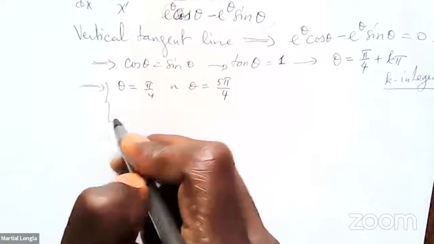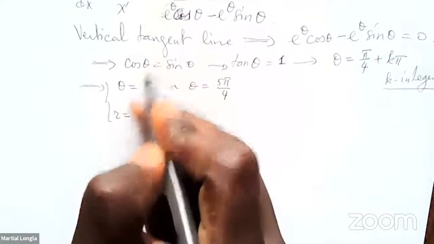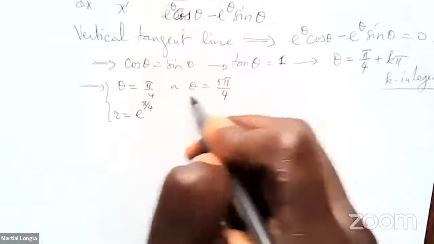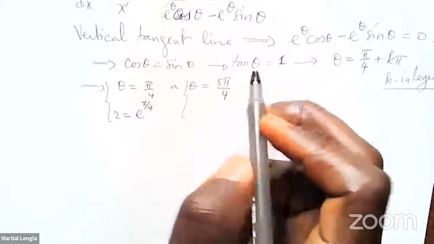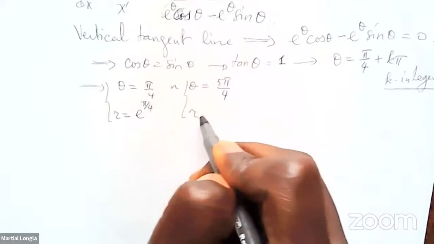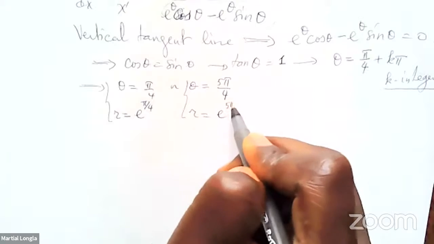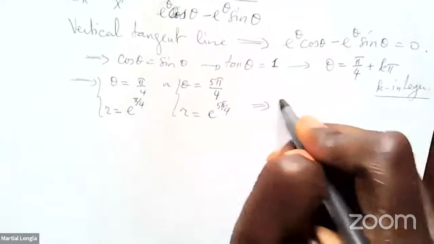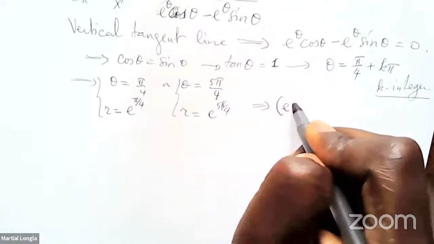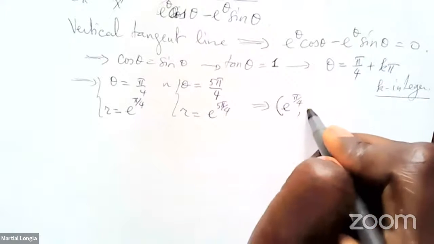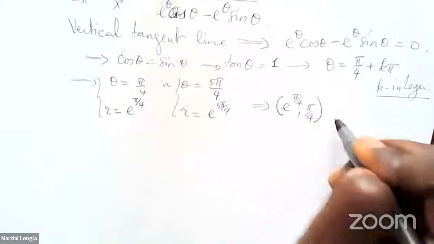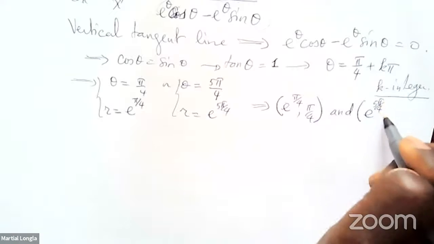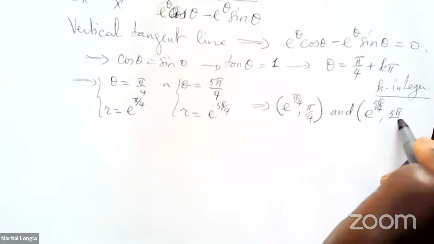When theta is pi over 4, r is e to the pi over 4. And when theta is 5 pi over 4, r is e to the 5 pi over 4. So these are the 2 points: r e to the pi over 4, angle pi over 4, and e to the 5 pi over 4, angle 5 pi over 4.